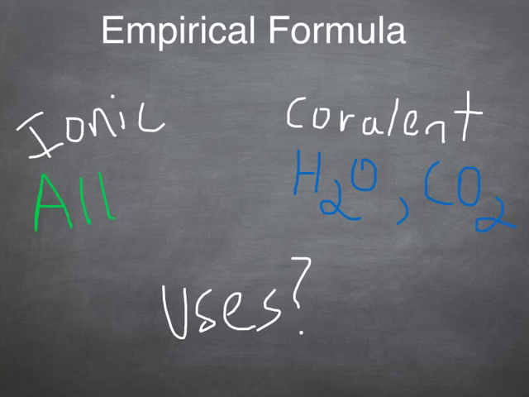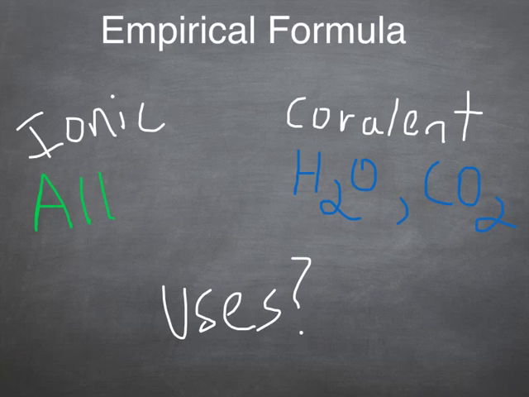Okay, the uses of empirical formulas. Empirical formulas are a huge part of a branch of chemistry called analytical chemistry. So let's say I'm a crime scene investigator and I go to a crime scene and I find a white powder at the scene of the crime.